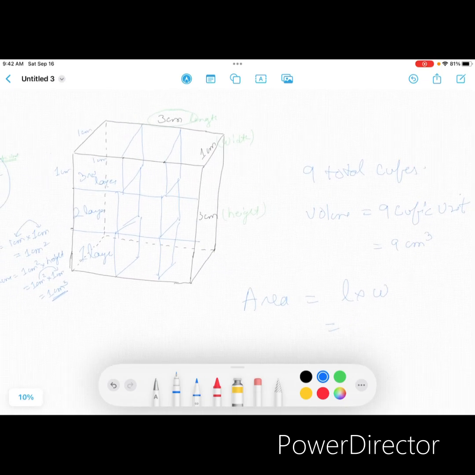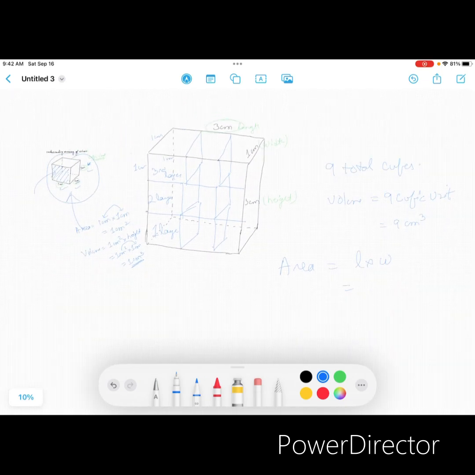Let us see the same thing here. In this example, you see length is 3 centimeter, width is 1 centimeter, and height is 3 centimeter. Now say we want to take the area of this rectangle, which is a flat. So what would be the area? Area would be 3 centimeter multiplied by 1 centimeter, which is 3 times 1 centimeter times centimeter, which is 3 centimeters square.